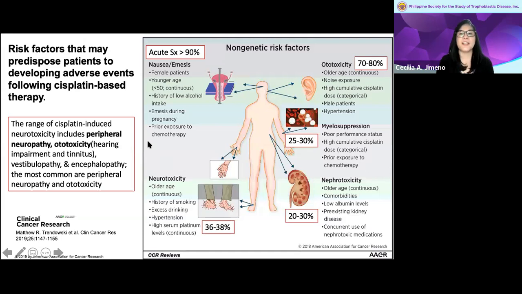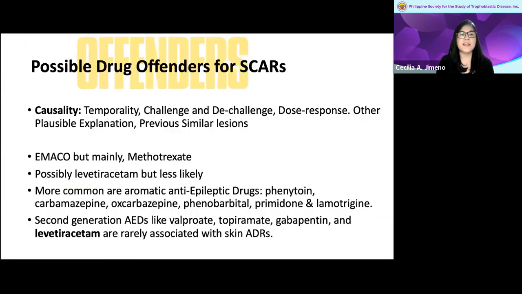So this is something that we can take note of: ototoxicity, neurotoxicity, and nephrotoxicity in the older, while in the younger, greater possibility of nausea and vomiting. Now, in the case that was discussed, which are the possible drug offenders for the SCARs?